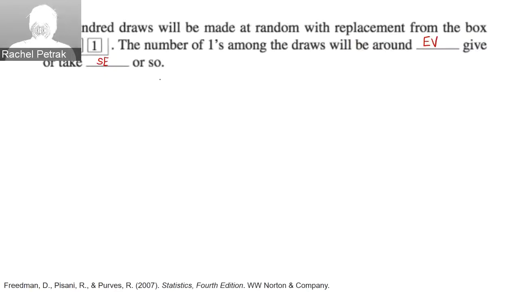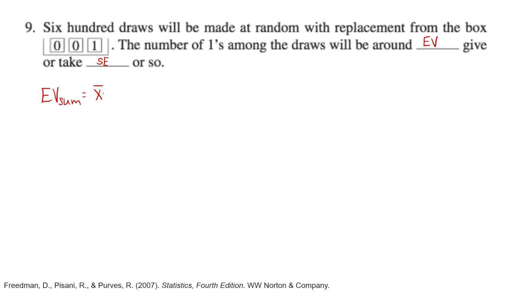To get the numbers that go in here, we just need to get the expected value and standard error for this box. The number of ones is the sum of the draws. So the expected value for the sum, as always, is equal to the mean of the box times the number of draws.